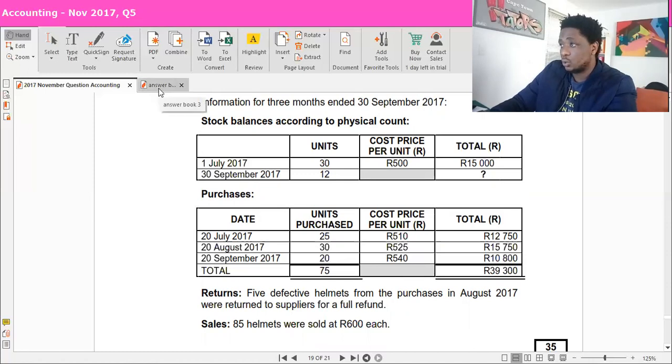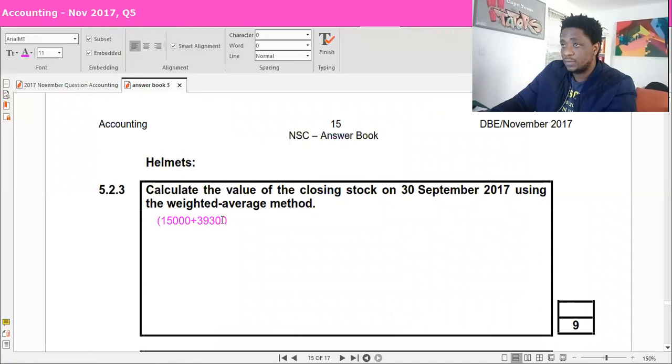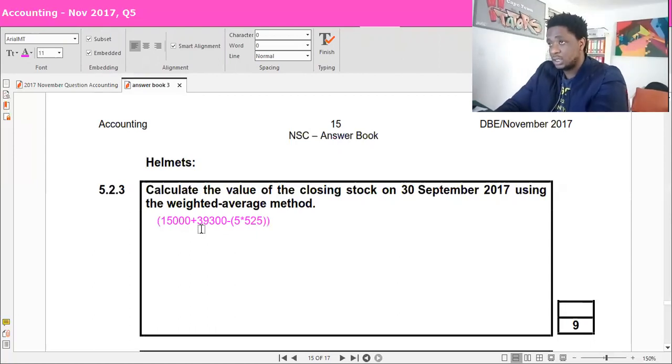So the way to exclude them would be to say minus, so it was 5 units and the cost was 525. So we'd have to subtract these, right?